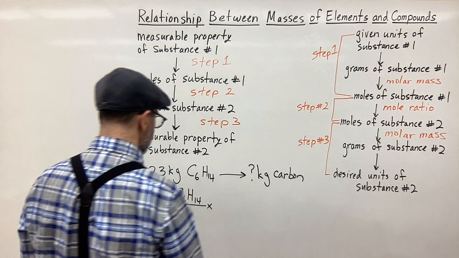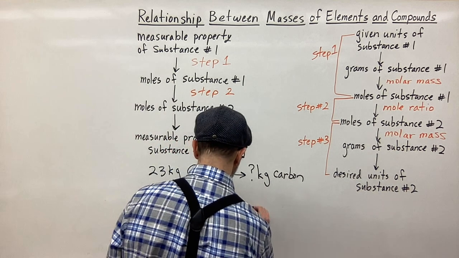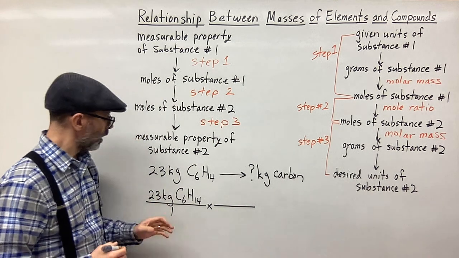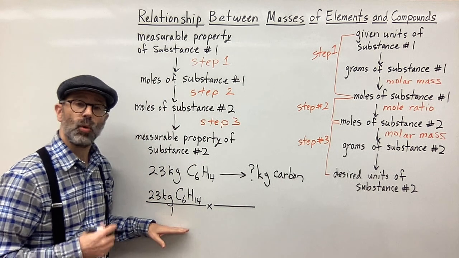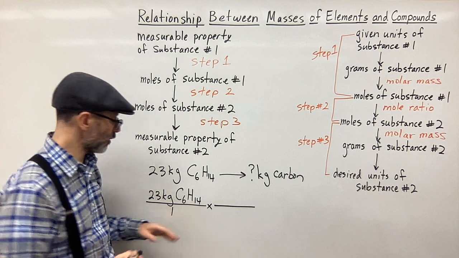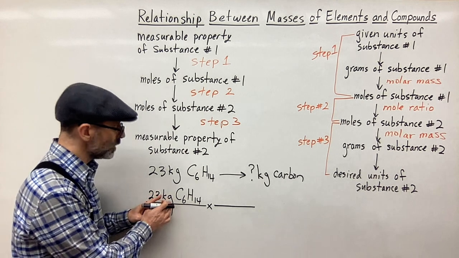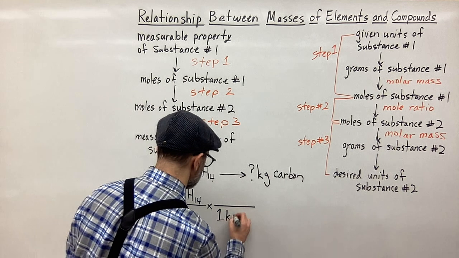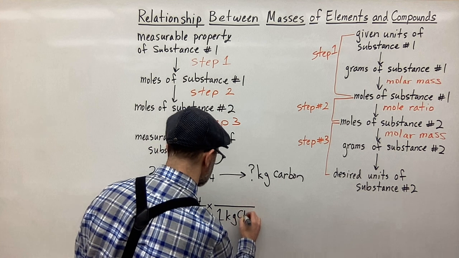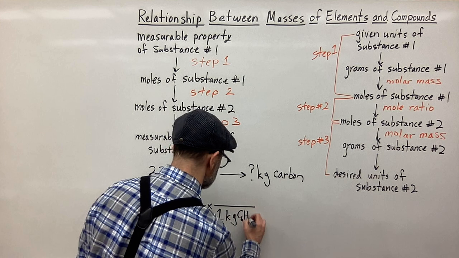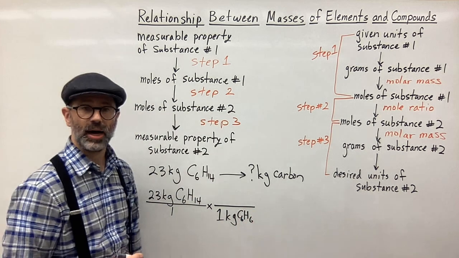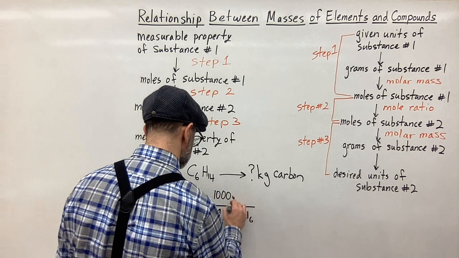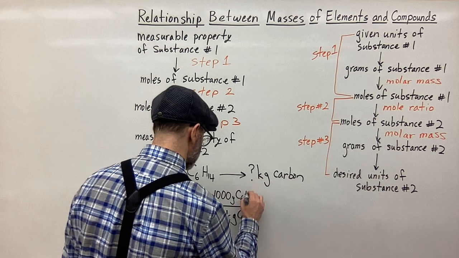So I know that 1 kilogram is equal to 1,000 grams. I have kilograms on top, so I'm going to put 1 kilogram of hexane on the bottom and 1,000 grams of hexane on top.